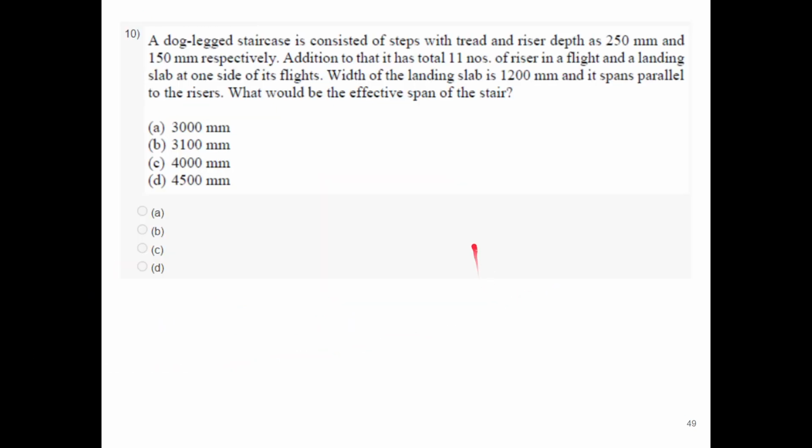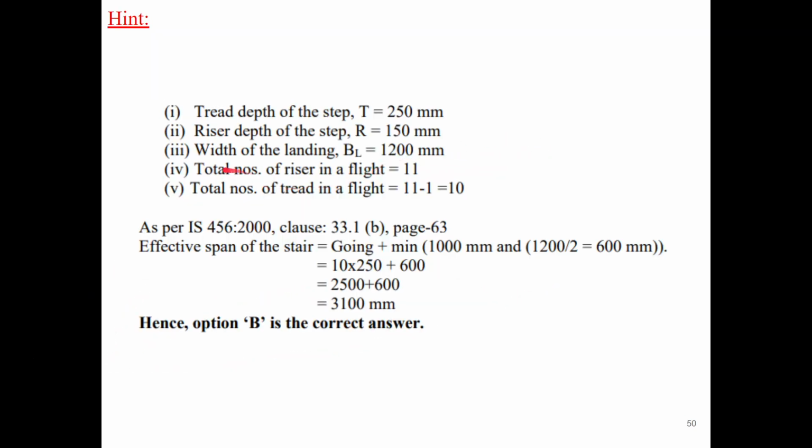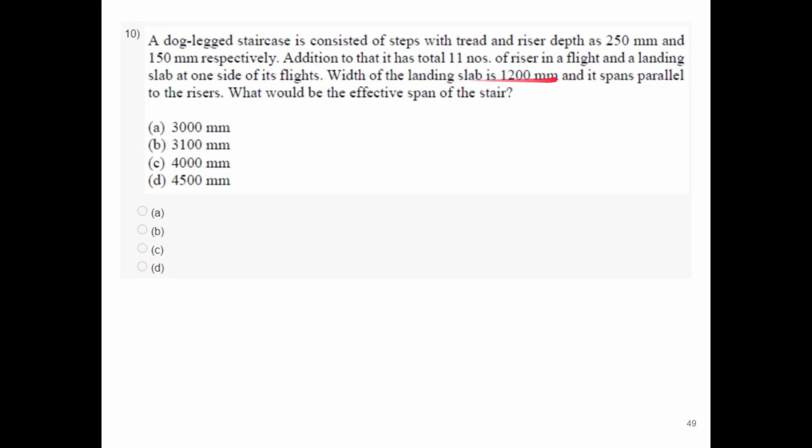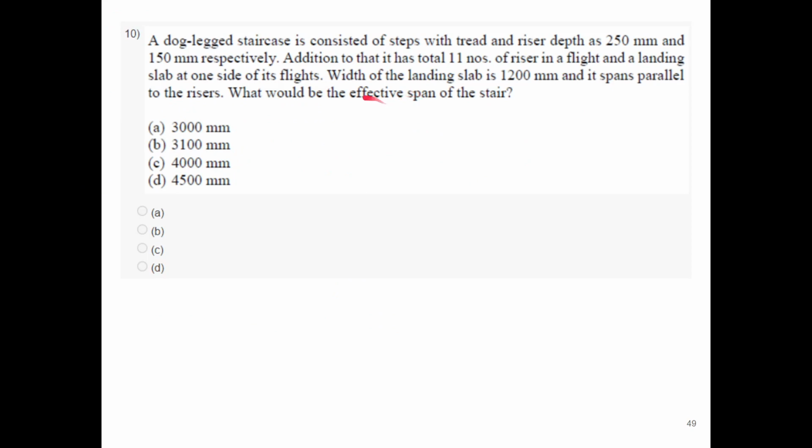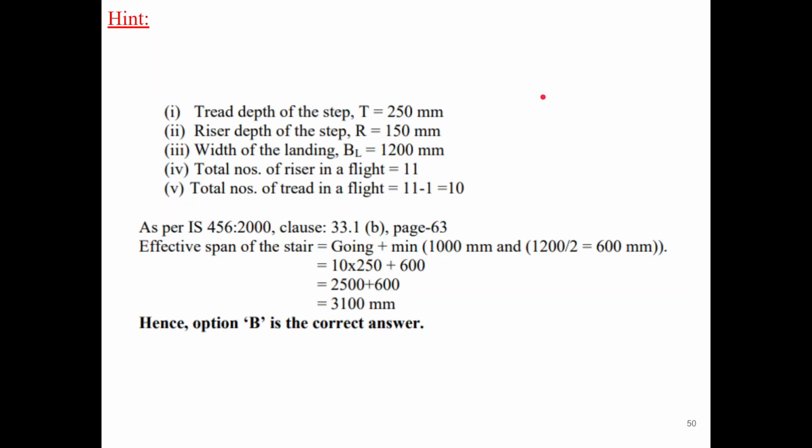As you can see here, the tread depth of the step T is 250 mm. Riser depth of the step is 150 millimeter. Width of the landing, that is the landing slab width, is 1200 millimeter.